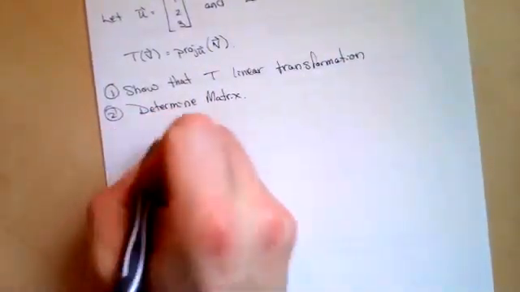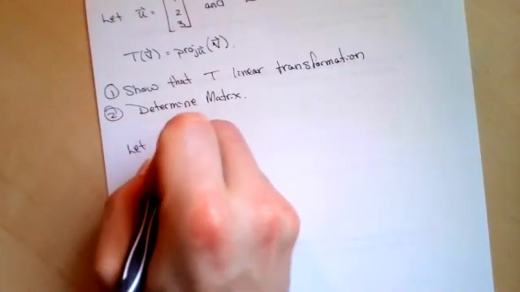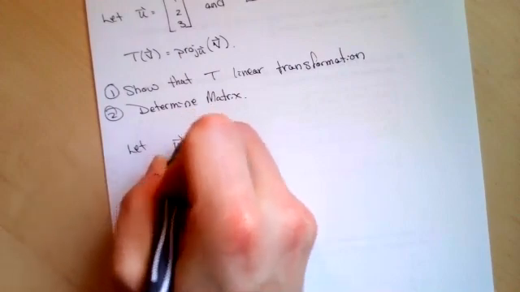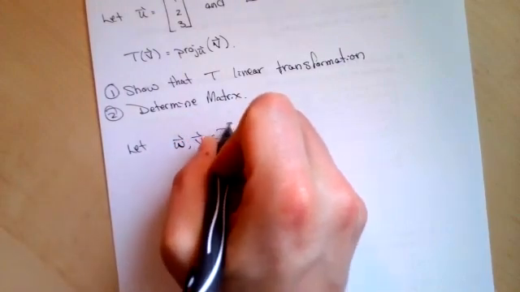So one of the things we need to do, let's pick another vector. Let's let W and V be 3-dimensional vectors.